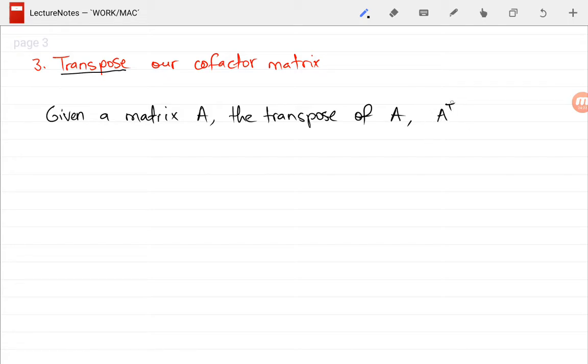The T means we're transposing it. It just means rows and columns switch, or you can say they swap. And that's all it means.